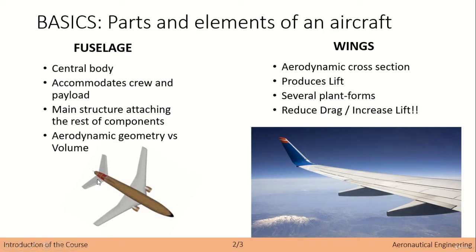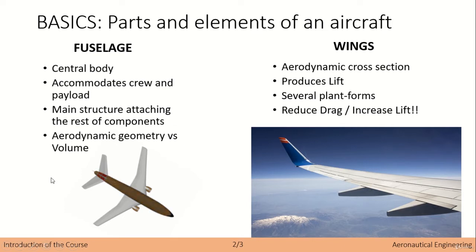This is important in terms of the structure, because you will understand that severe loads, more structurally demanding loads, will appear on the boundaries of this fuselage with the wings or with the tail, for instance.